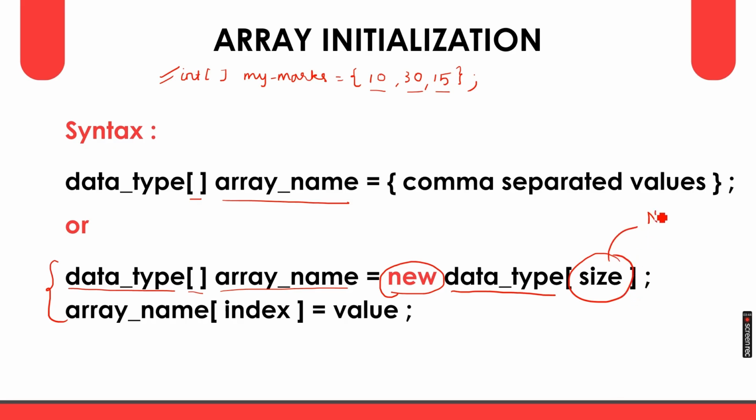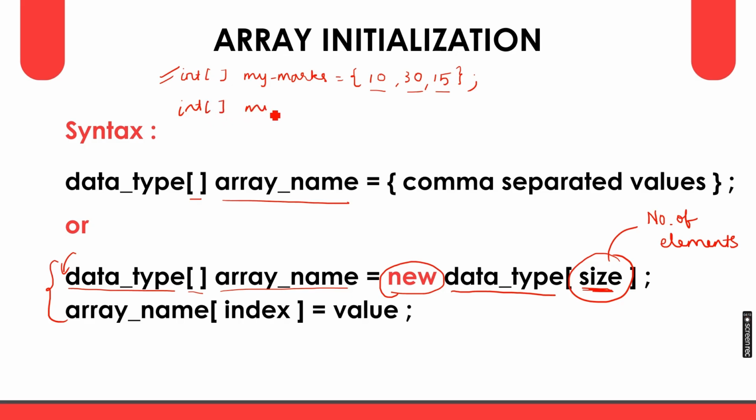Size means the number of elements that will be in your array. Through this line, we are telling the compiler to create an array of this data type and to give it this size. Okay, we can see through an example.